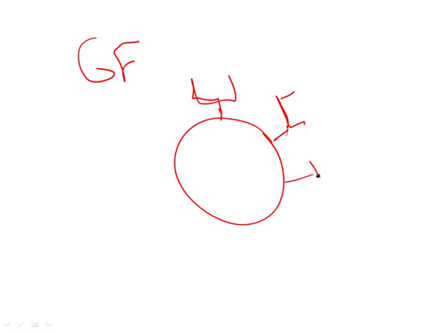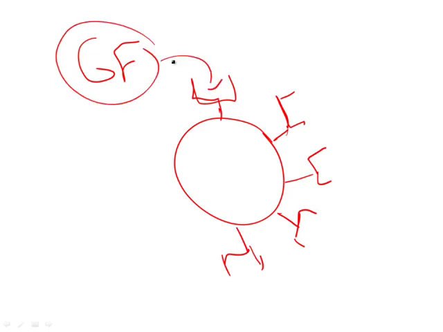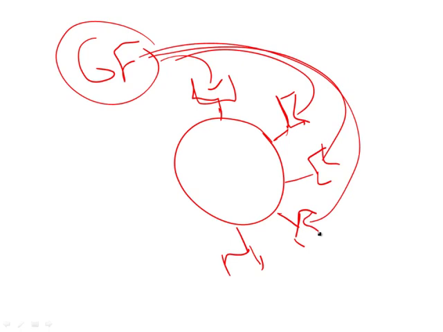However, if there's a mutation and overexpression of this receptor, then a simple stimulus of growth factor is going to result in 1,000 times or 100 times the signal to this cell to grow and divide, and so this cell will begin to grow and divide out of control. And that will eventually result in the formation of a tumor.